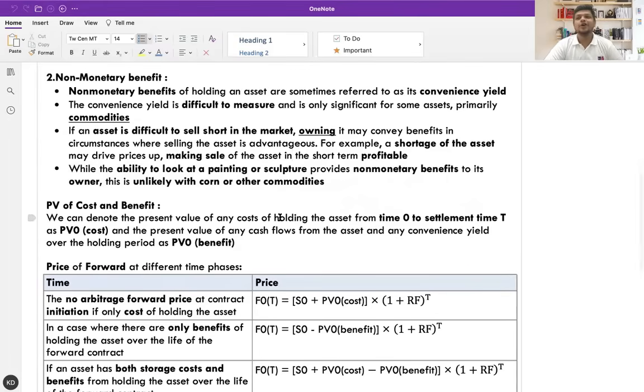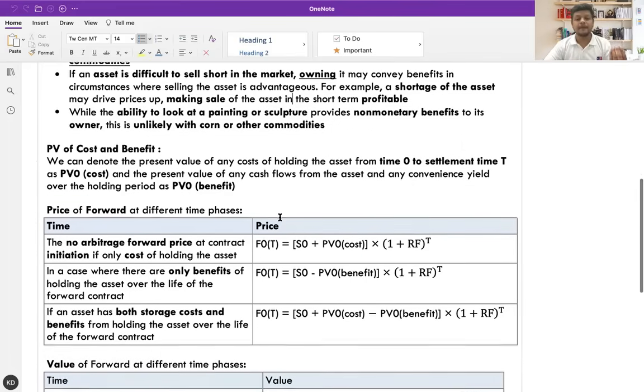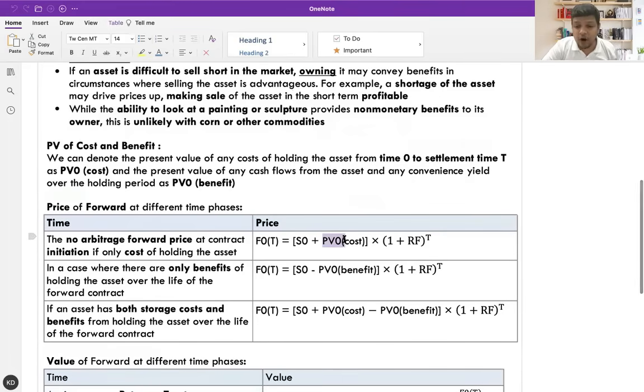So overall, our focus is to price the futures and then find a value. Whenever I price a future, it's not only spot and the time value of money, but along with spot, I will also adjust for the cost and benefit. So we take the present value of cost and add it, and we subtract the present value of benefit, because we are not going to get the benefit in the future.